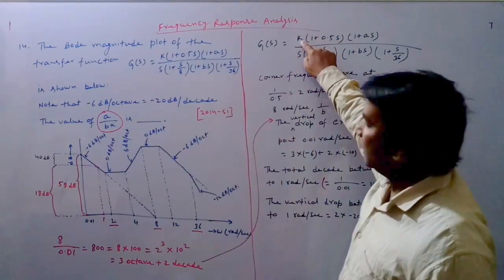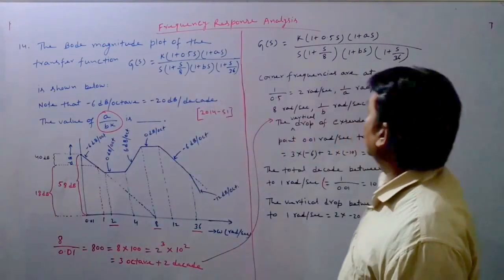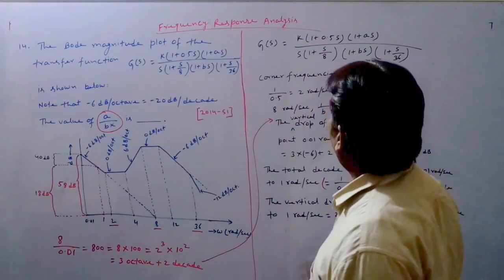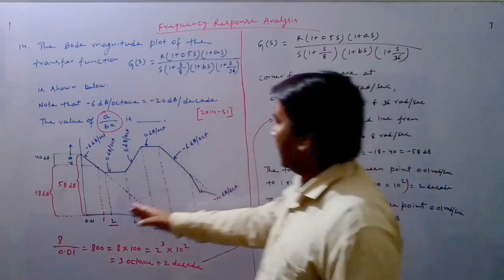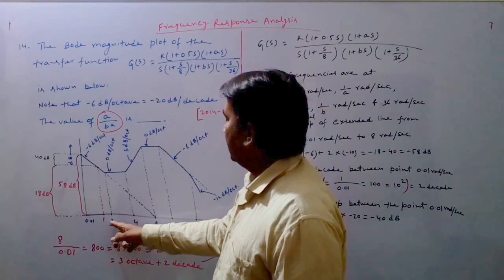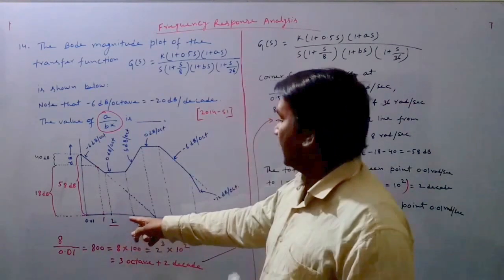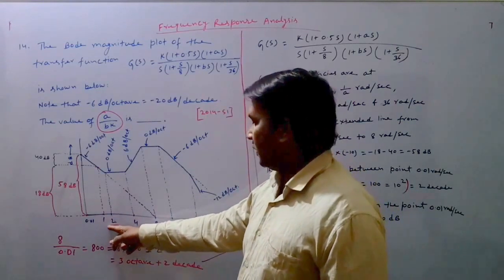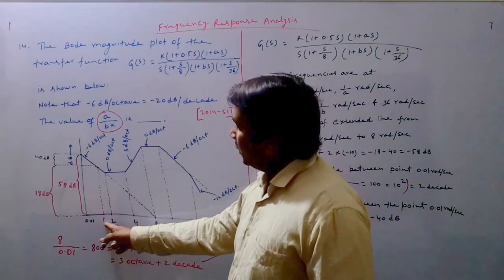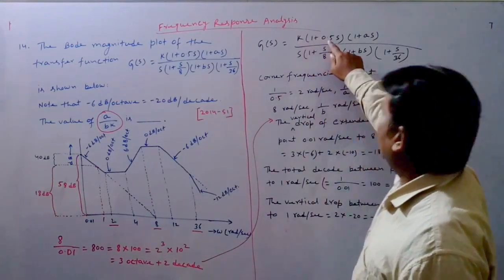This k is only responsible for this much uplift. This much uplift means 18 dB uplift, because all the poles and zeros are lying right to point 1. There is no corner frequency before 1.